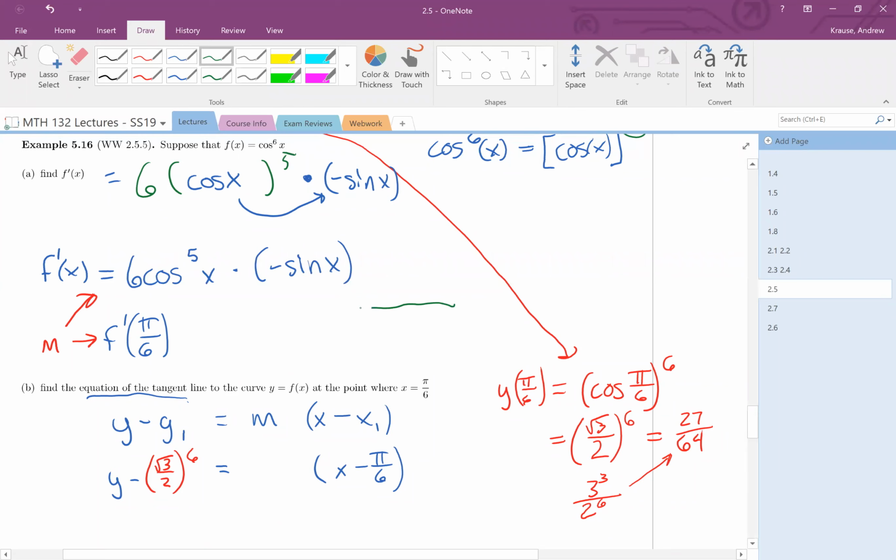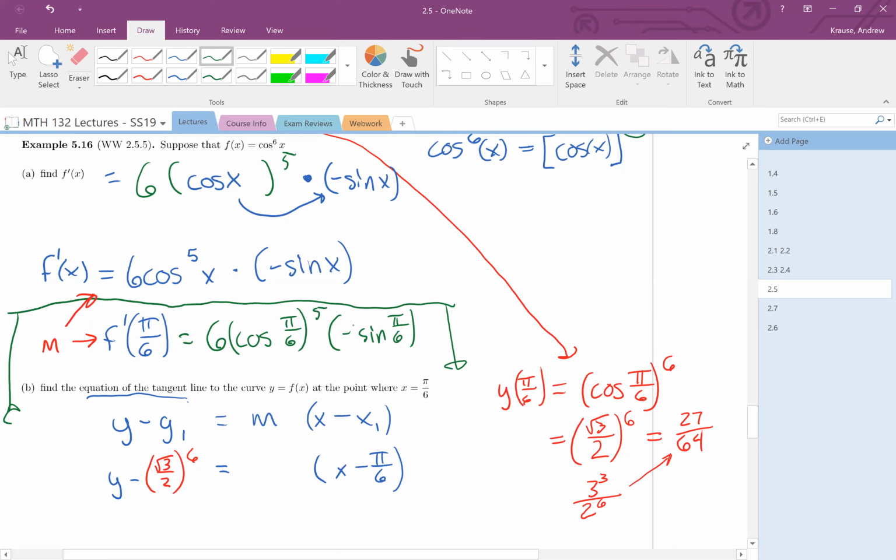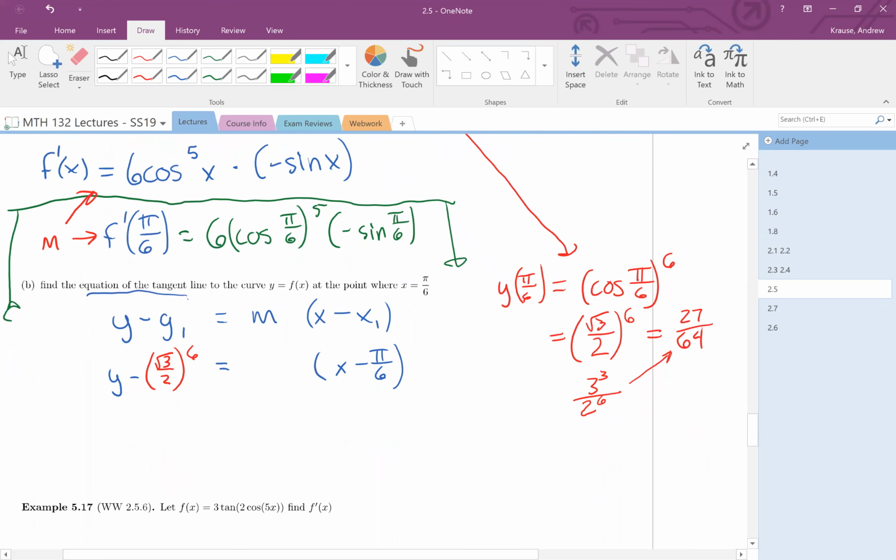Let's separate this so we know this is for our next problem here. So we have 6 cosine of pi over 6 raised to the 5th power times negative sine of pi over 6. Alrighty, so that's what we're plugging into the old derivative.